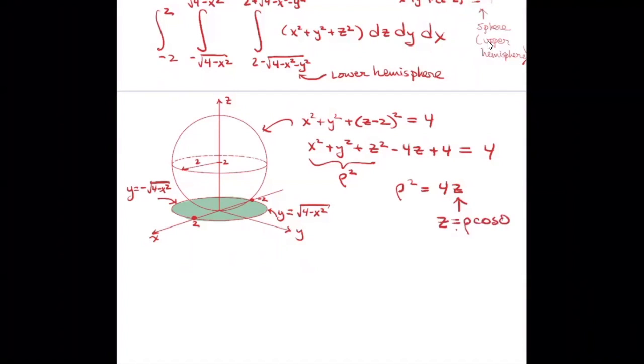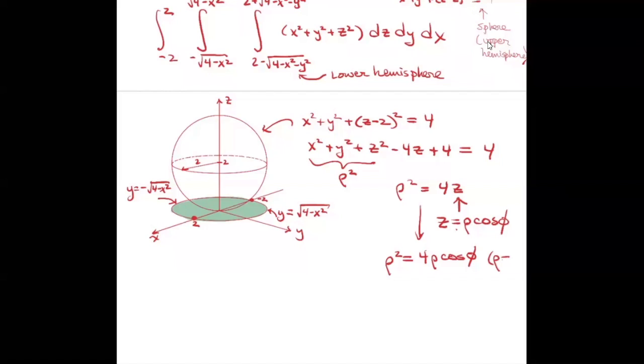That goes all the way back to the transform rule in the very beginning. So this becomes rho squared equals 4 rho cos phi. On this sphere, I'm not interested in rho being 0. I want all the other points where rho is not 0.